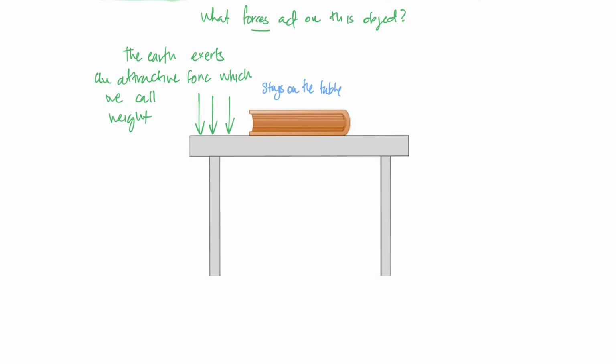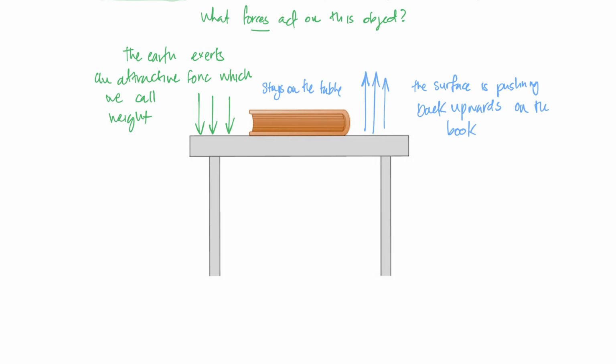So if I'm looking at this book on this table, and it's not falling through the table, it means that my surface is pushing back upwards on the book.